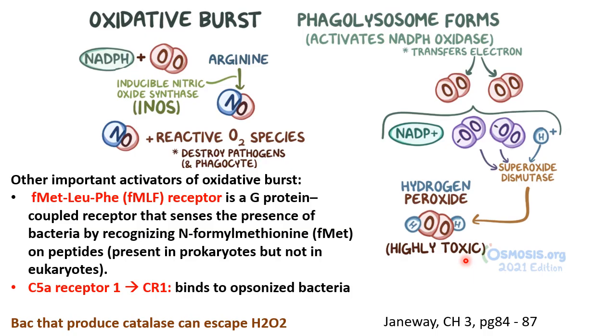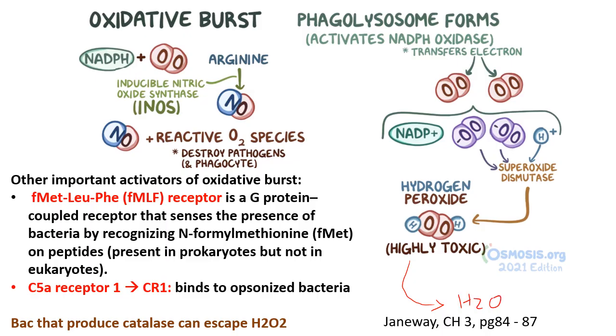One thing that I didn't mention before is that when you produce hydrogen peroxide, that is going to kill a lot of bacteria that are susceptible to this kind of killing. But certain bacteria don't really care much about hydrogen peroxide because they have an enzyme that breaks down hydrogen peroxide into what? Water.